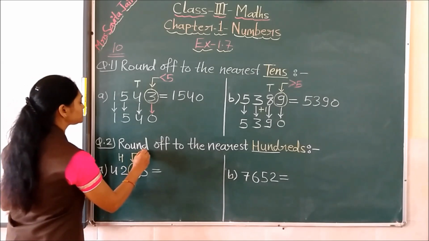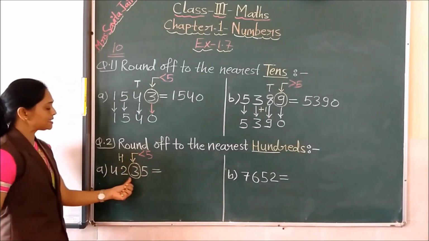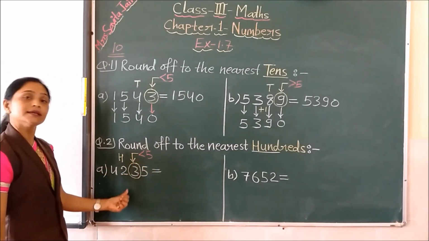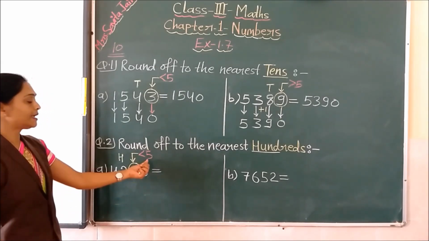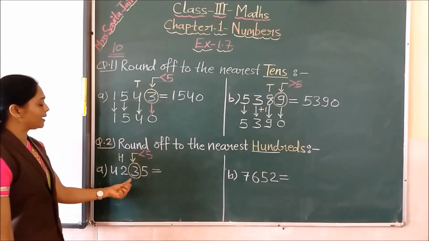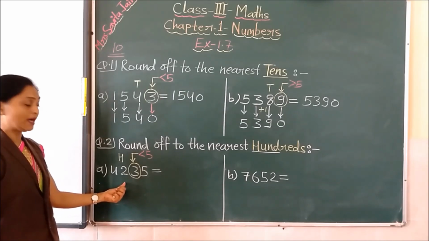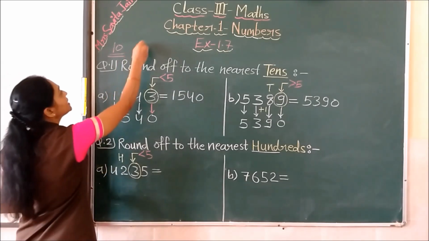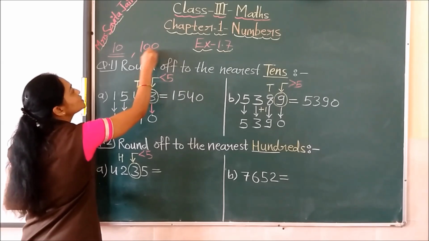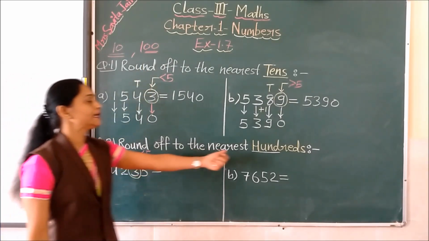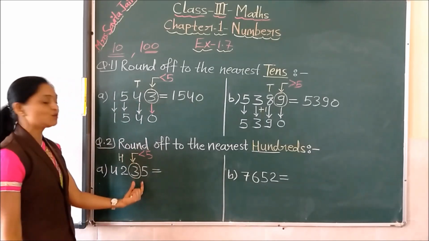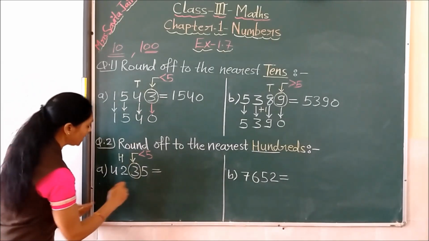We write the hundreds place digit as it is, no change. And if it is greater than 5 or 5, then we have to increase this digit by 1. And as we can see, in hundreds there are 2 zeros. It means we want to write this number in hundreds. So these 2 digits will be replaced by 0.